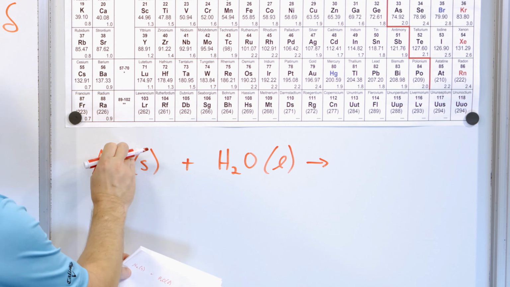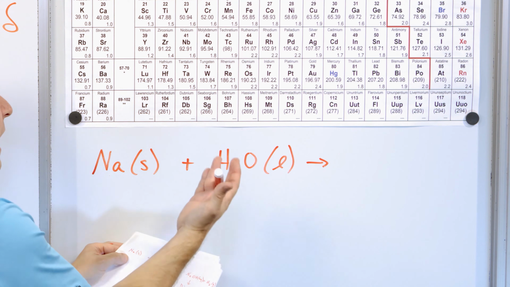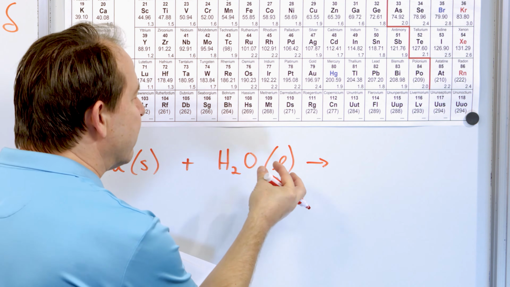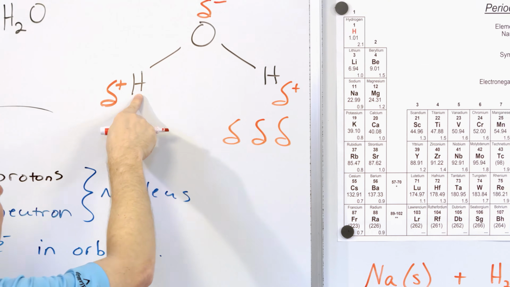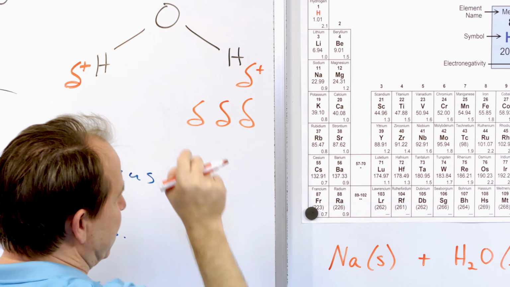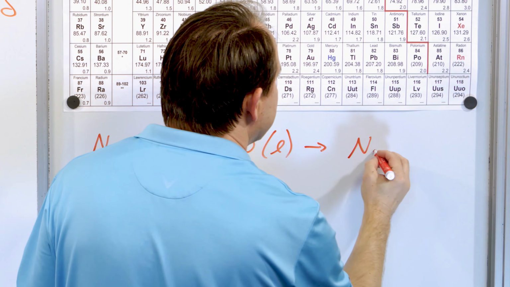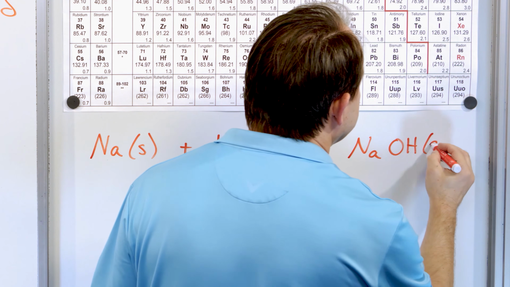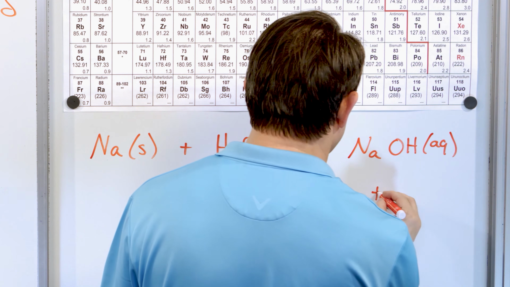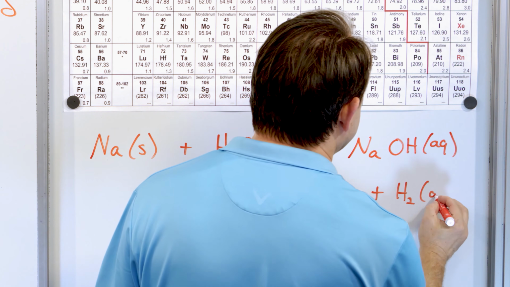The sodium has lost an electron. So it's an ion, and so the sodium is hanging out dissolved in solution. And what's left over here, whenever you pop off a hydrogen, you have an OH left over. So the sodium is there, and the OH is left behind. This is called sodium hydroxide aqueous solution. And then over here plus the H2, which is the gas.